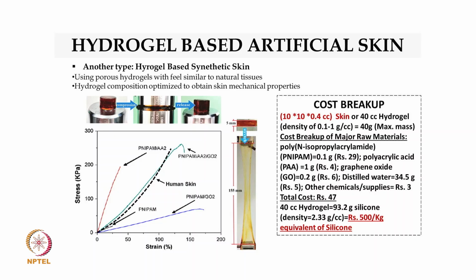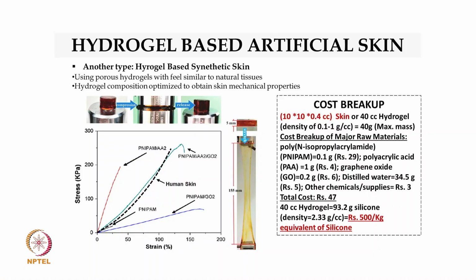This uses a lot of knowledge about biochemistry, which we are not experts in, but we adapted some of the biochemistry standard practices based on the literature. So here we are using porous hydrogels that feel similar to natural tissues in order to create the artificial skin. Hydrogel compositions were optimized to obtain the skin mechanical properties.